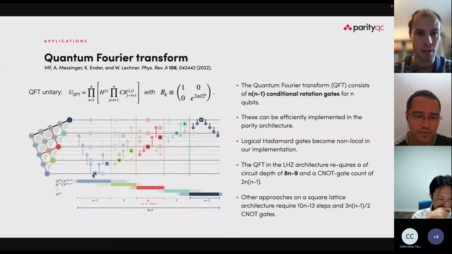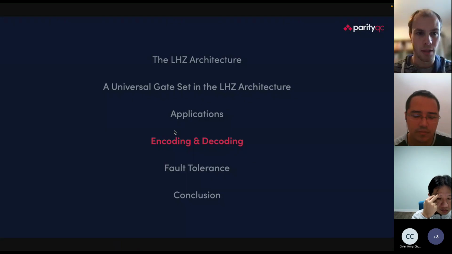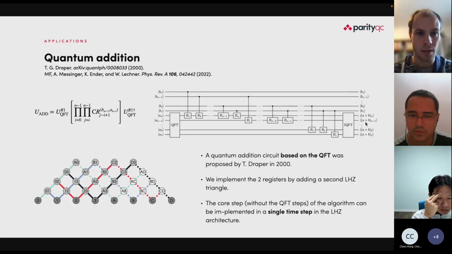And this linear circuit depth comes from these Hadamard gates. And because the Fourier transform is linear, these Fourier transforms will also have linear depth. The only thing I wanted to emphasize there is that this middle step can be done in a single time step. Oh, okay.